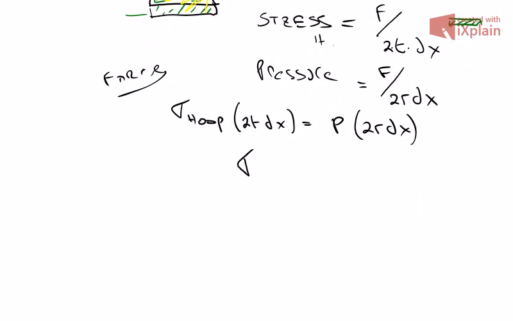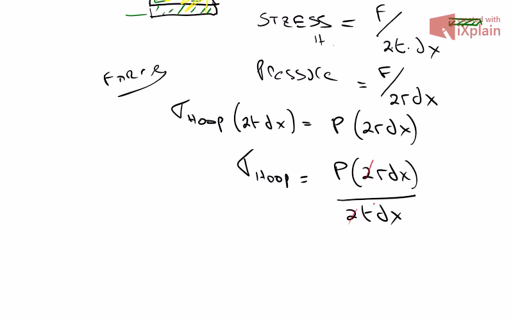We then get the stress hoop is equal to p 2r dx all over 2t dx. Simple cancellations, and that equates to pr all over t.